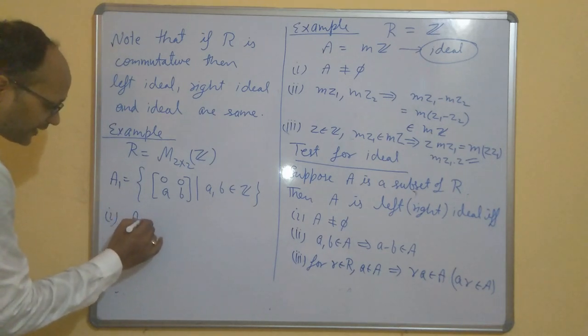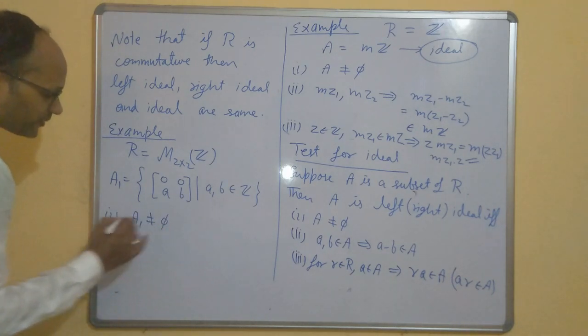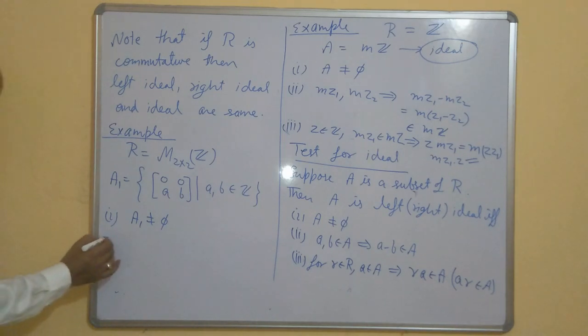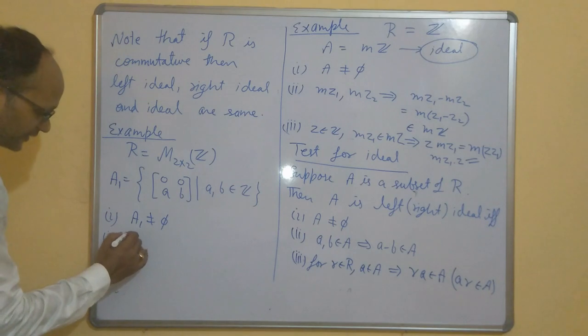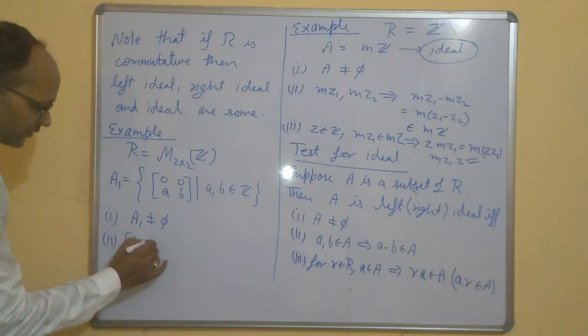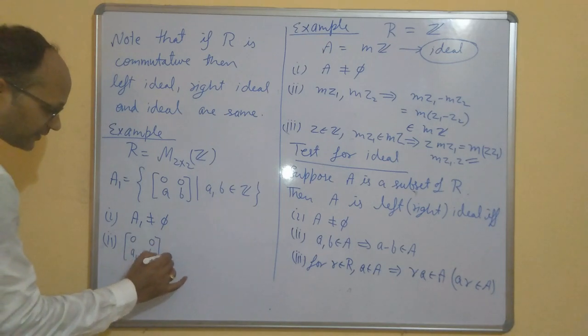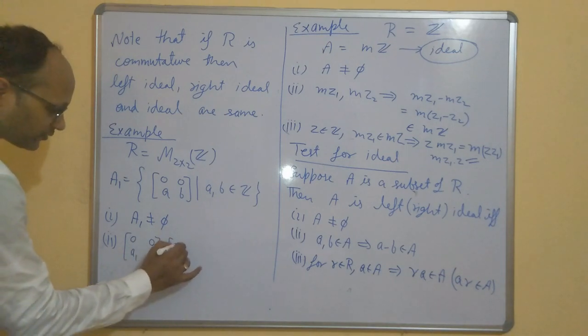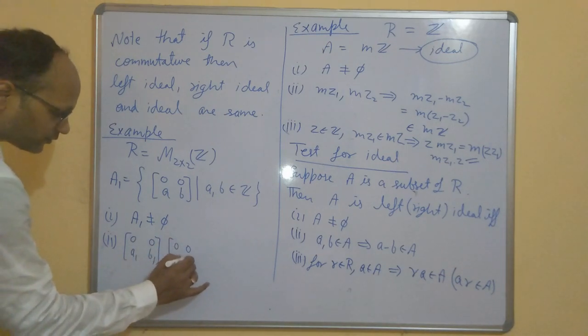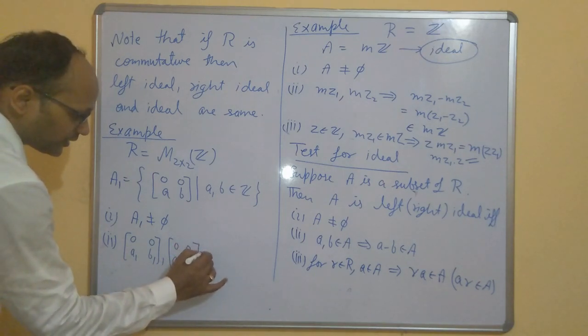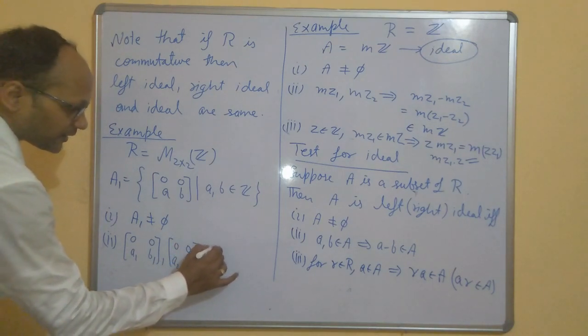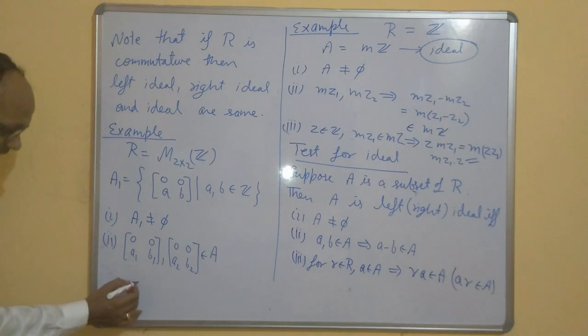So now it is clear that A1 is non-empty, and let me come to the second condition. So take two elements of this set, [0 0; a1 b1], where a1, b1 are integers, and I take another element [0 0; a2 b2] in A. So I take two elements in the set A.